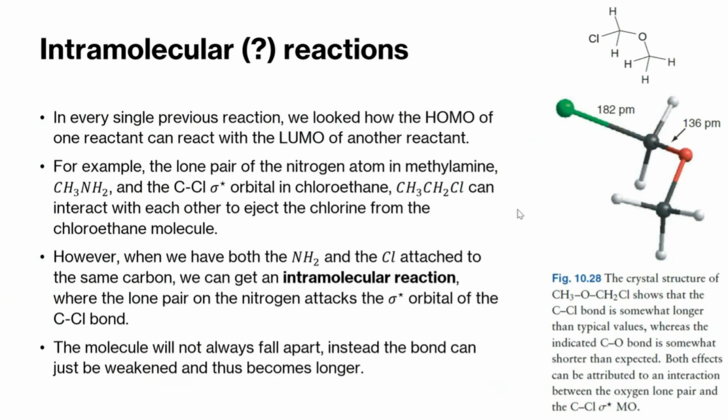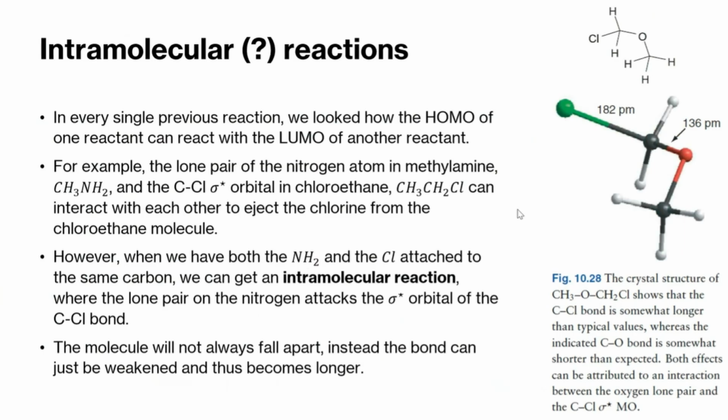However, when we have both the NH2 and the Cl attached to the same carbon, we can get an intramolecular reaction. This will happen all in one molecule, and the lone pair on nitrogen will attack the sigma antibonding orbital of the carbon-chlorine bond.